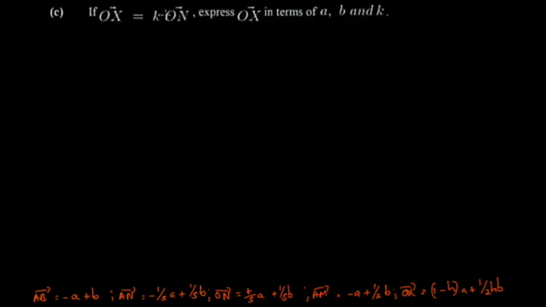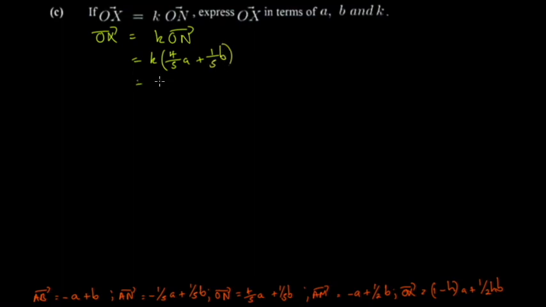So if OX is equal to KON, we're given another condition. Let's first substitute ON here so that we get our expression in terms of actual vectors. ON you're given here, it's 4 over 5A plus 1 over 5B.